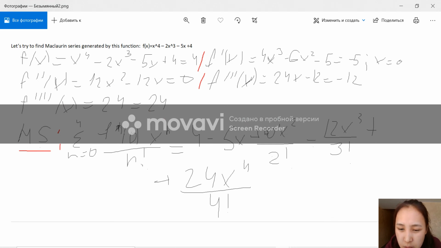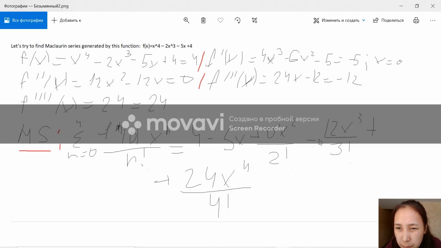plus 0 times x to the power of 2 divided by 2 factorial, and minus 12x cubed divided by 3 factorial, because our third derivative is equal to minus 12.